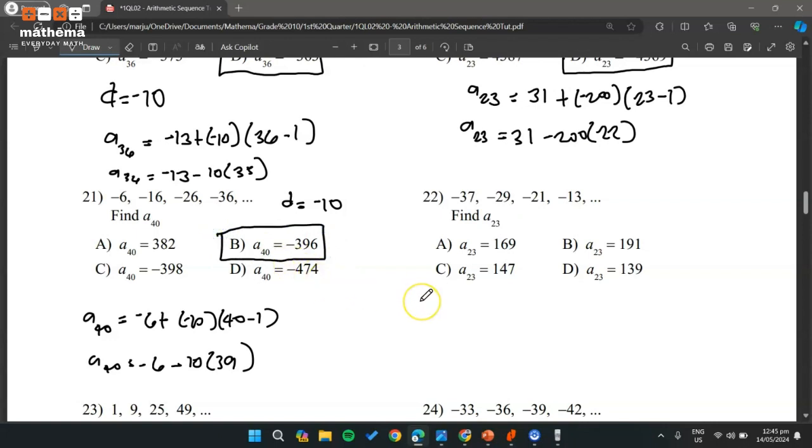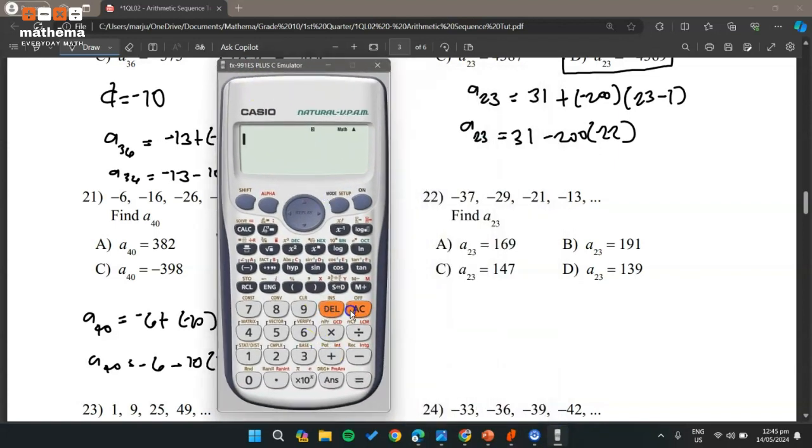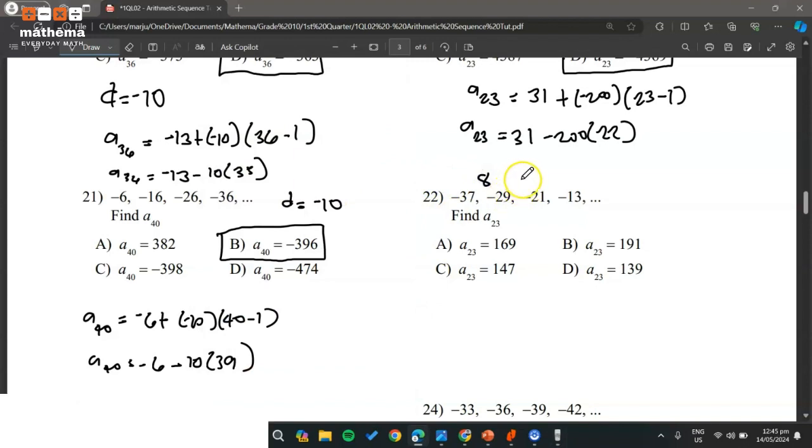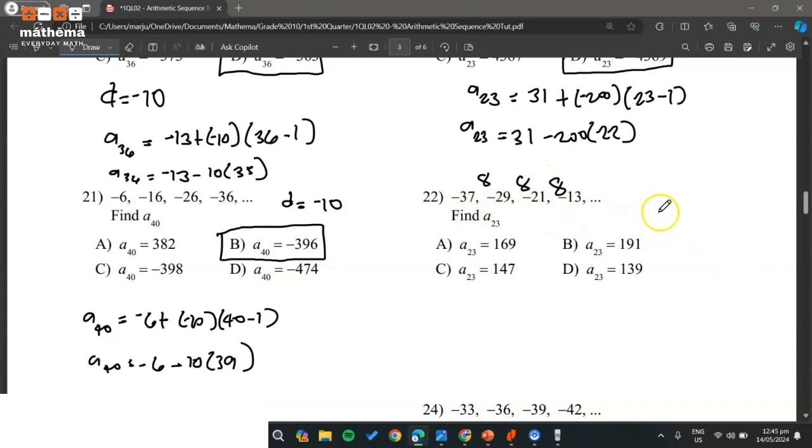What about number 22? Negative 37, negative 29, negative 21, negative 13. This has a common difference of what? We calculate negative 29 minus negative 37, which gives you 8. So this is 8, and this is also 8, and this is also 8. So our common difference is 8.